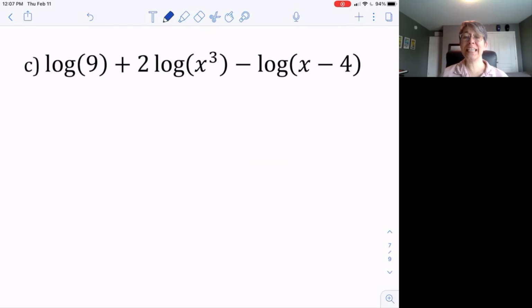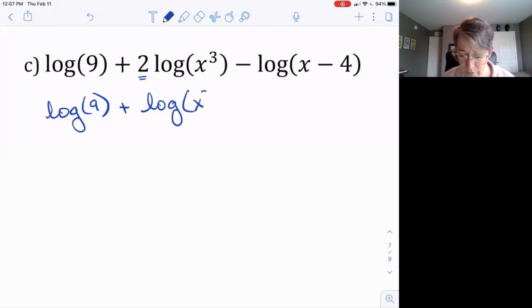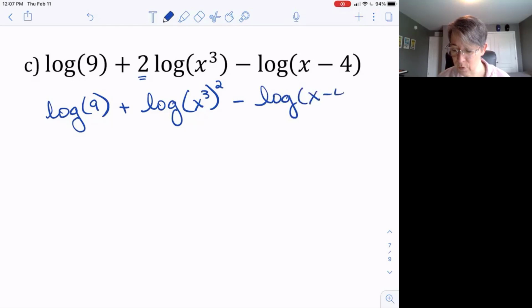All right, in part C, again, we have a couple of things going on. Let's move this coefficient of 2 first. So common log of 9 does not change, plus the common log of x cubed. We're going to move that 2 and make that an x cubed squared, minus the common log of x minus 4.